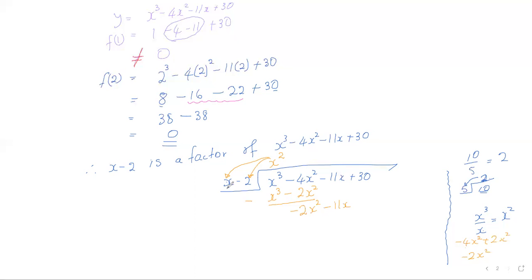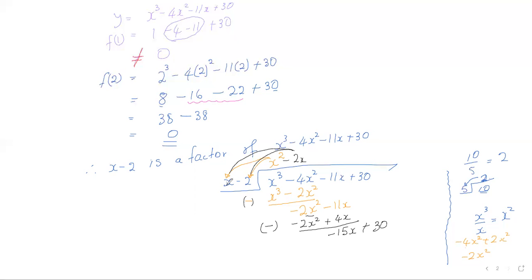We say x into negative 2x squared is going to be negative 2x. Negative 2x times x is negative 2x squared. Negative 2x times negative 2 is plus 4x. Subtract once more. This changes sign, and that sign will be the same. We drop the 30 now.